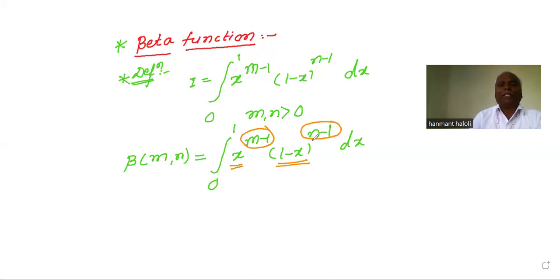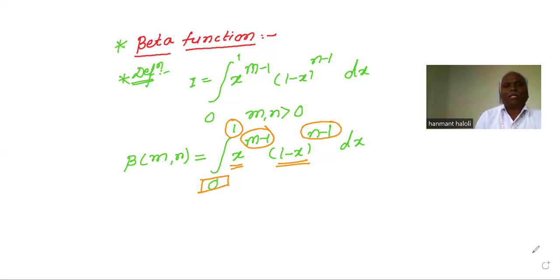You can check that the limits for the beta function are 0 to 1, whereas for the gamma function we have 0 to infinity, along with the exponential function e raised to a power. This is one of the simplest ways to identify the beta function in the form of x and 1 minus x. One term is x, the second term is 1 minus x, and this is our formula for the beta function. We can say it's a definition also.